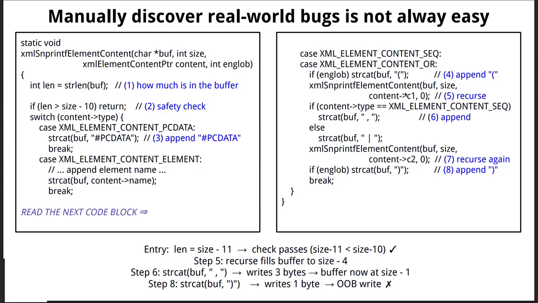Then we go to the recursive function where we are going to fill the buffer. Maybe we fill 4 bytes there. Then after that, we return, we fill another 3 bytes. Then in total, the buffer is already at size minus 1. It's different from what we first checked.